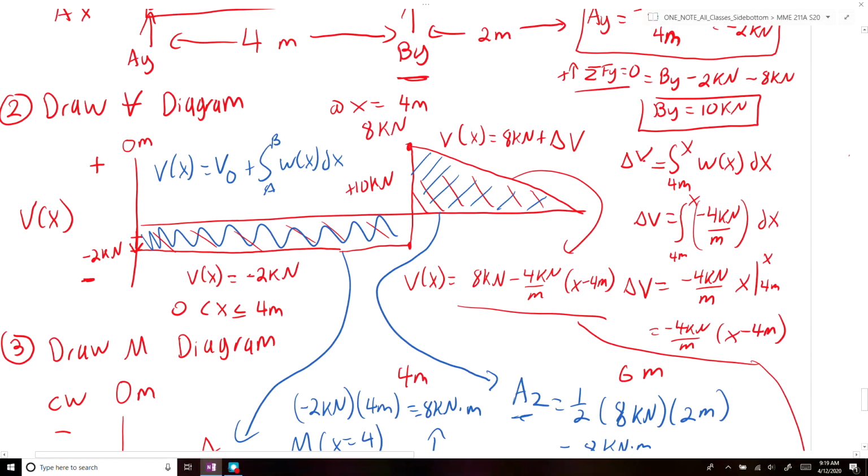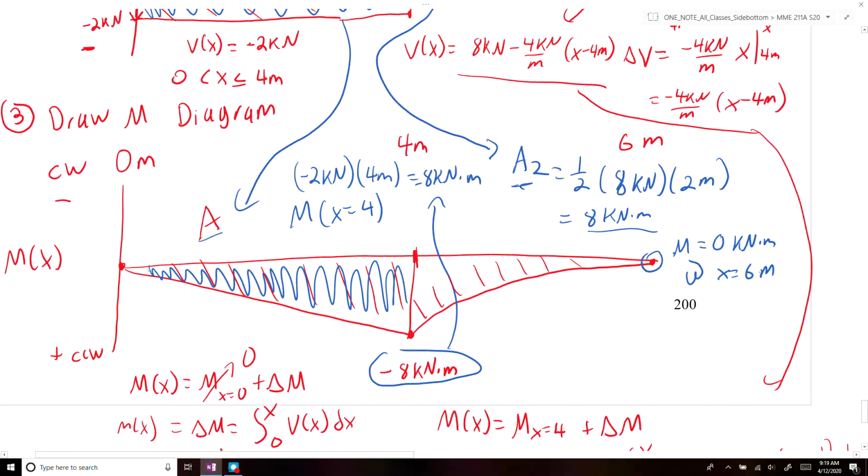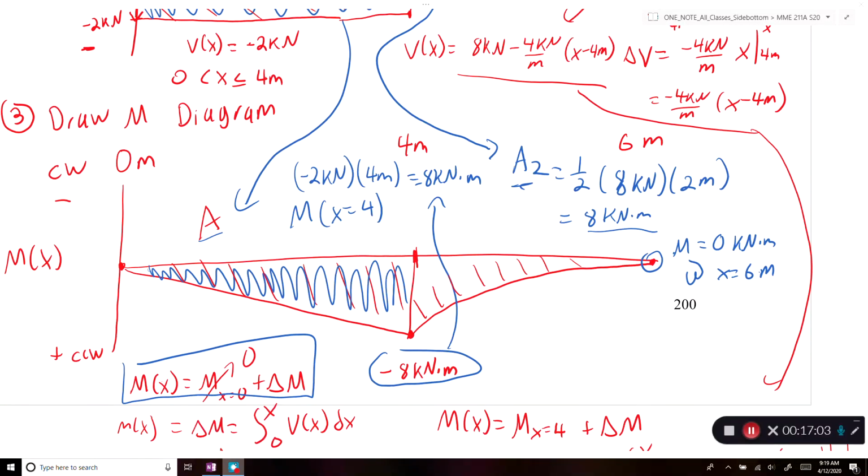Once we have those equations across our beam, we can then draw our moment diagram using those relationships and this equation here. So that concludes this problem on drawing shear moment diagrams using the relationship between the distributed load, shear, and moment.